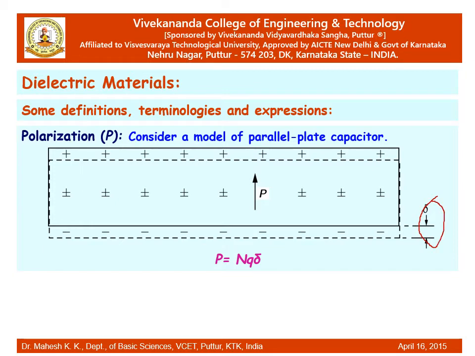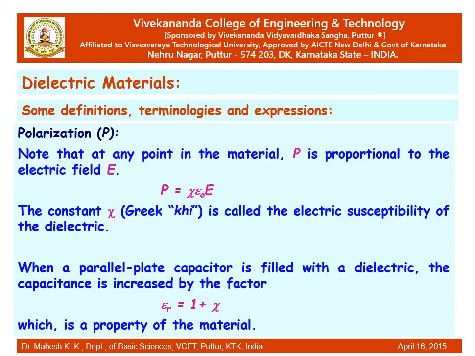It means both types of charges drift towards mutually opposite ends by delta, as illustrated in this figure. If there are n atoms per unit volume, then the polarization is nq delta. So that is what polarization means.